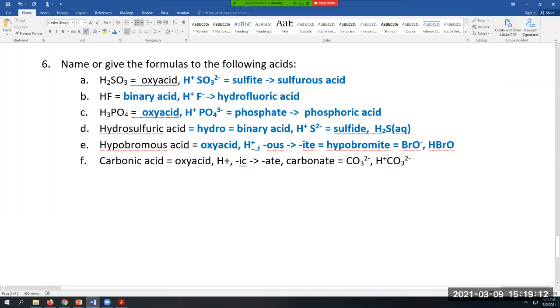You can also do the crisscross trick to see that the 2 from the carbonate will become a subscript for H. And then the 1 from the H plus will become a subscript of 1 for the carbonate, which means there is only 1 carbonate. And when we have only 1 of the polyatomic ion, we don't use parentheses. So H2CO3 is the formula for carbonic acid.